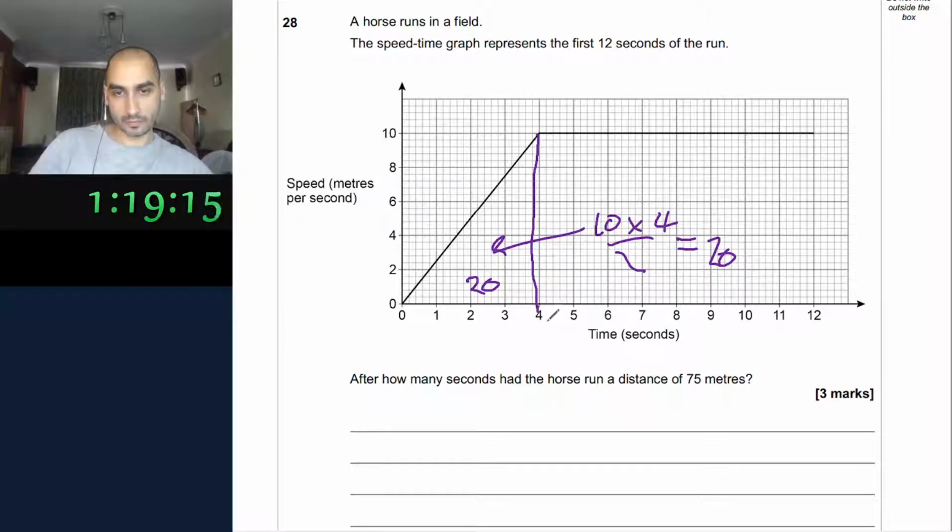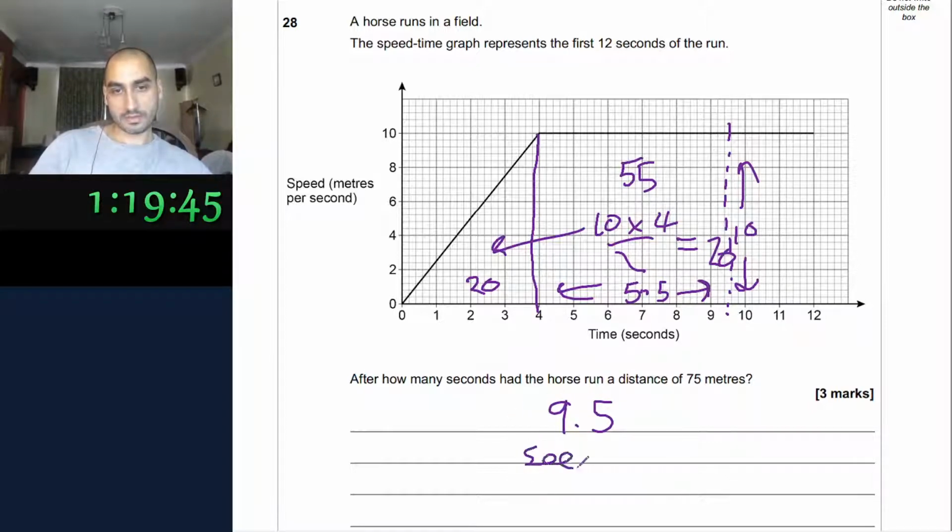So for the remaining time we want 55 more meters. So that's 5.5 times 10, so that's 55. It's 20 and it's 75. So 9.5.